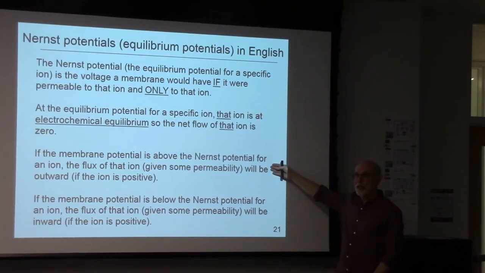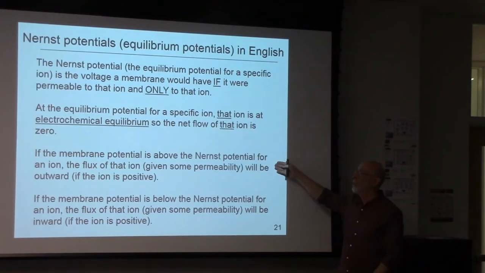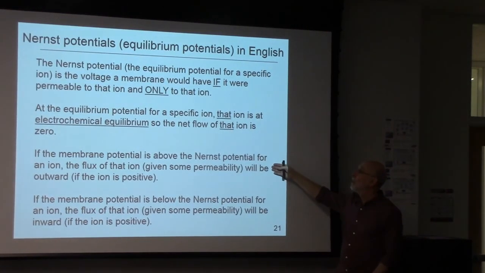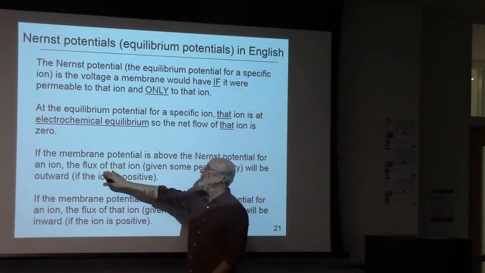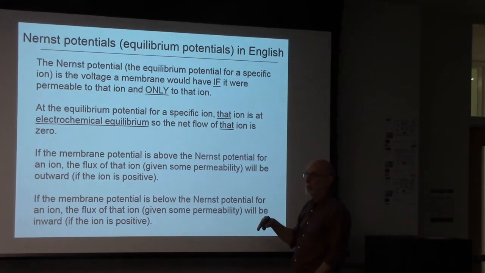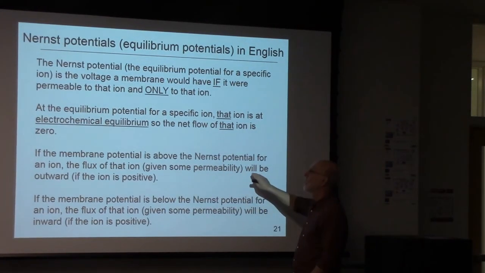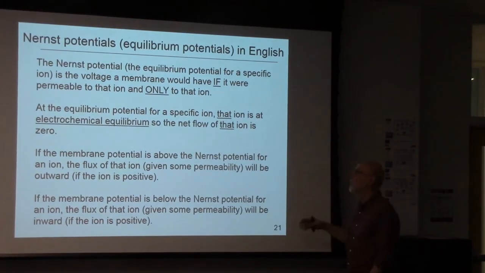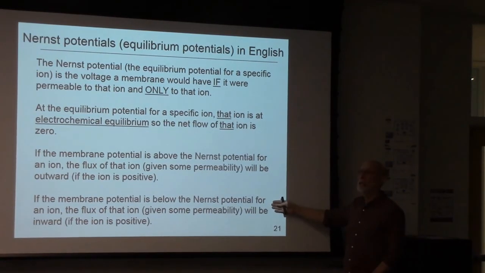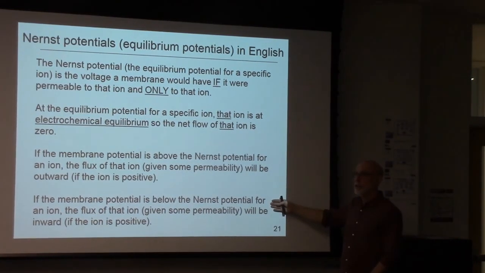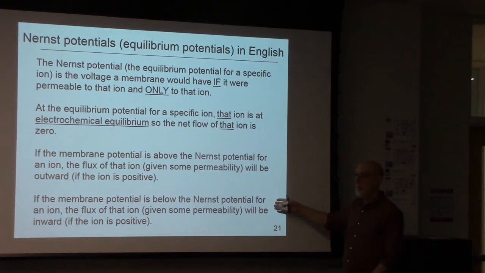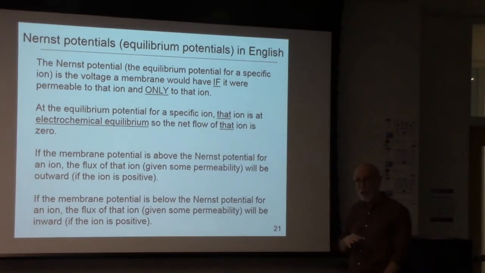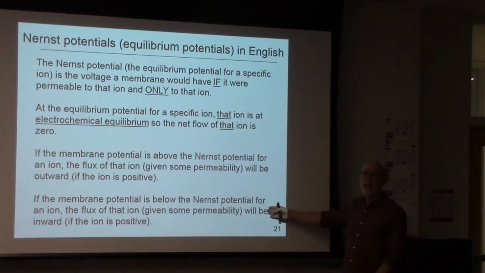If the membrane potential is above, more positive than, the Nernst potential for an ion, the flow of that ion, assuming the membrane is permeable, is going to be outward. We're going to use this in a few minutes. If the membrane potential is below the Nernst potential for that ion, that is to say, not as positive, the flow of that ion is going to be inward.